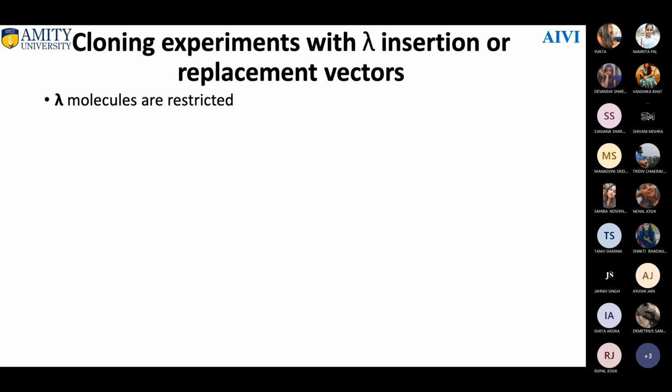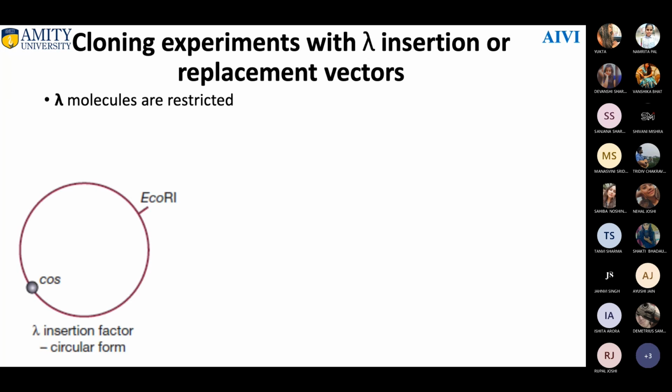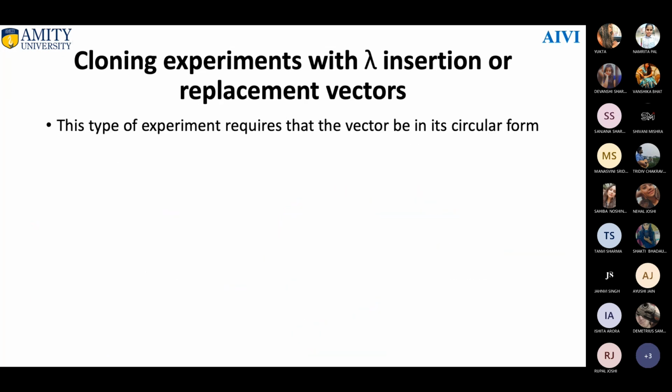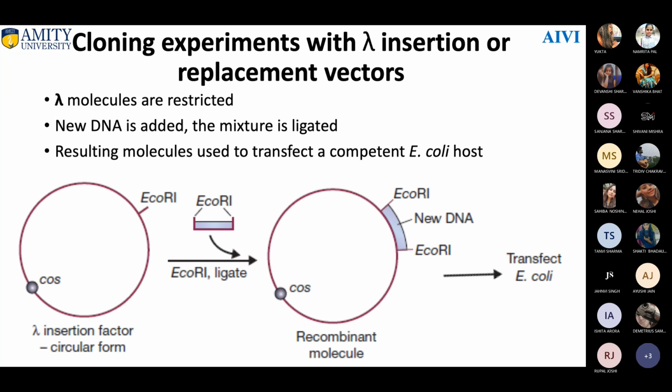So now, how you perform the cloning experiment. Simply, as this is a vector, you cut it with EcoRI, ligate it, and then you are going to transfect it. So an insertion vector is going to be there, and you are going to insert; you are not going to replace.